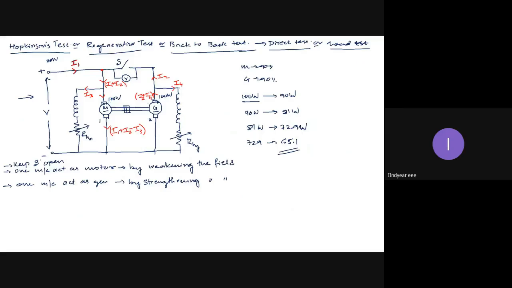You can observe, this is the generator: armature plus field, as per this connection. Armature of the motor plus field, as per this connection, is the motor. So when I say motor, this is the motor. Motor doesn't mean only the armature. So this is the motor.